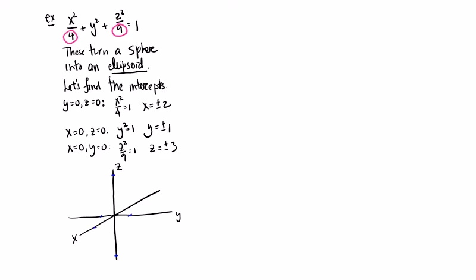So what I'll sometimes do for this is draw an equator in the xy plane. And then I'll do my best to fill up the top and the bottom. Again, it's not going to be perfect. Doesn't have to be. We can label the intercepts if it helps us get a grip on what we just drew.